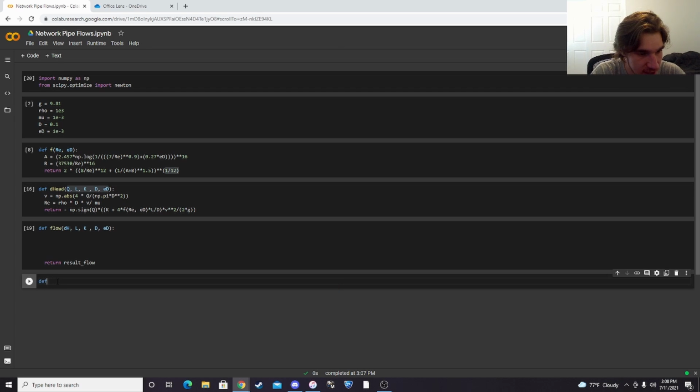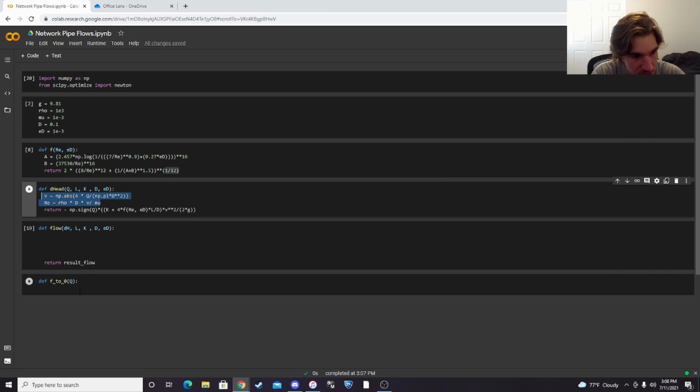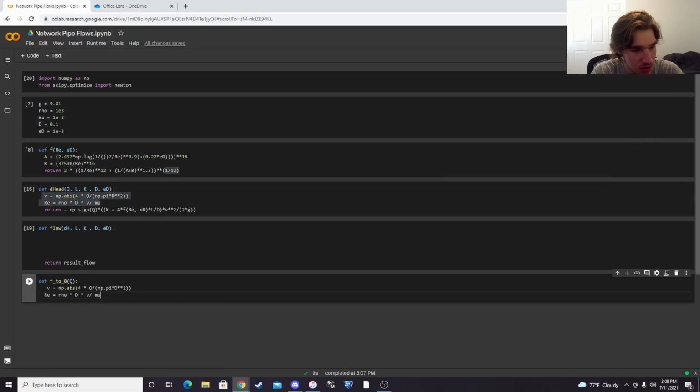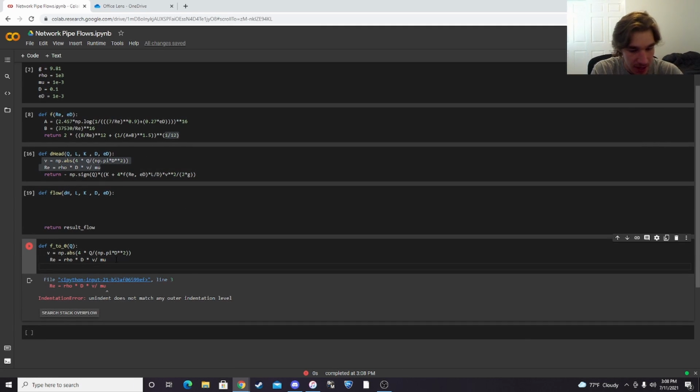So our new function now is going to be f to 0. And this is going to take in a flow rate. And what we're going to do is just copy this right here. Although we don't want, let's see, perfect. I didn't mean to shift enter yet. Okay, and that is not matching up.